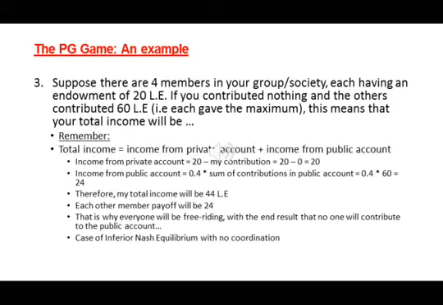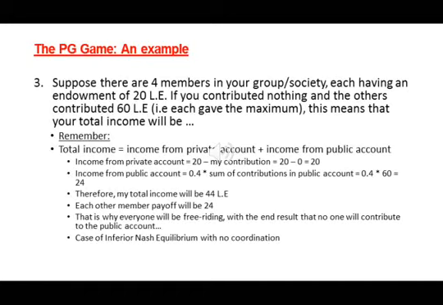So in this case, your total income will be 20 plus 24, which is 44. Each other member in the group, however, will have a payoff of £24 because they are keeping nothing in their private accounts.